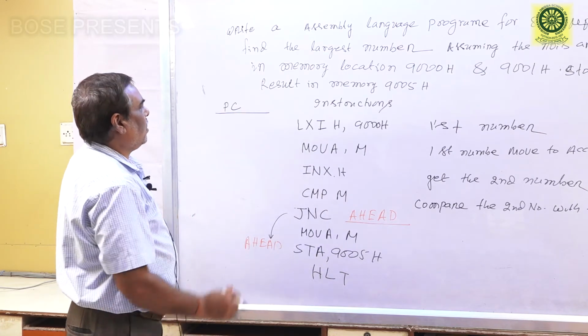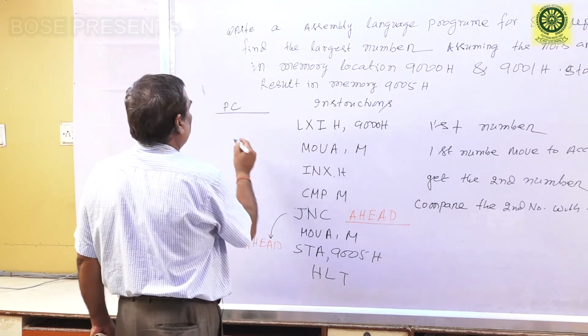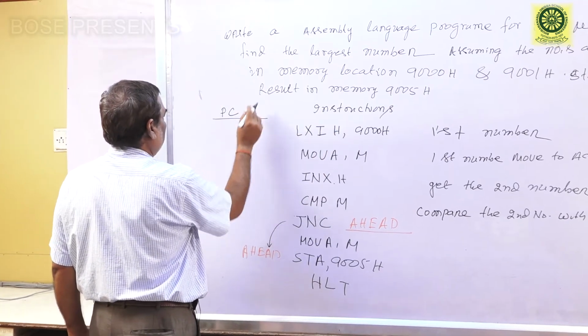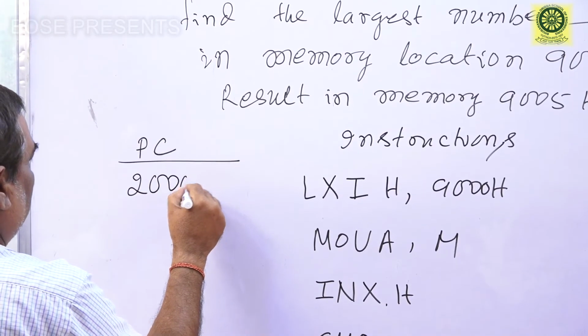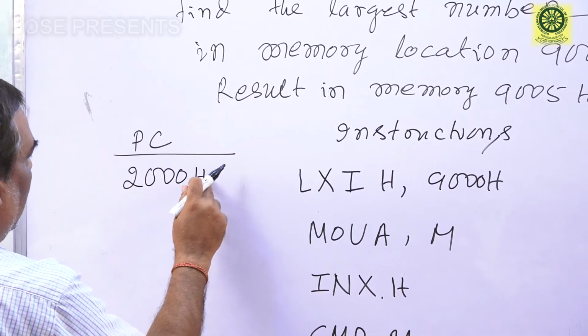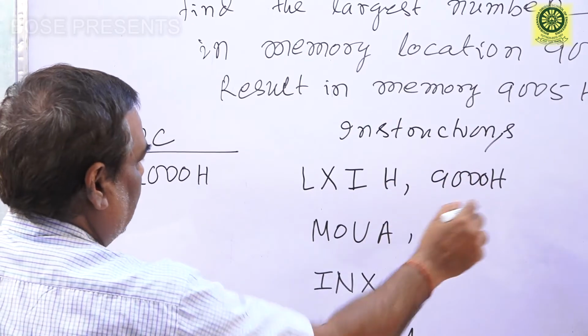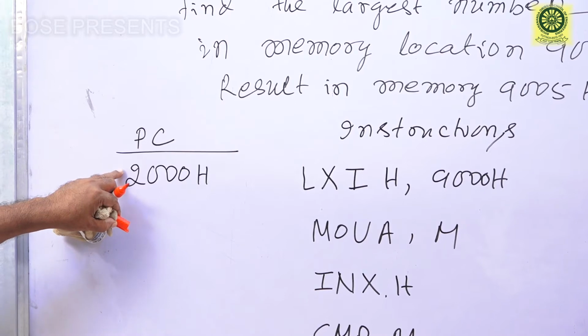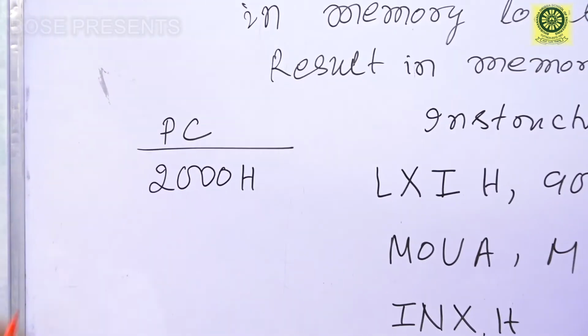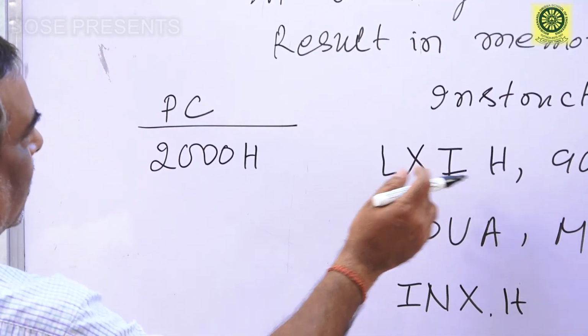Now here you see LXI H. Suppose the program counter is initialized first to 2000H, where H stands for hexadecimal. These are in hexadecimal.